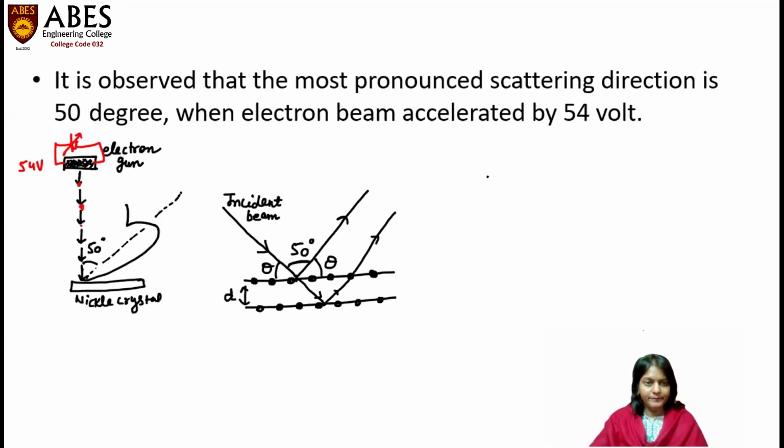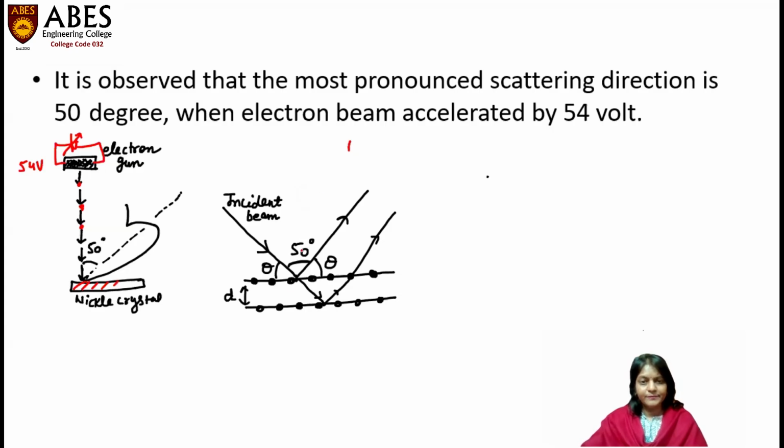The electron beam is incident on the nickel crystal. This is the diffracted beam, and after passing through the detector, this is the angle which gives the most prominent curve. So this is explained with the help of Bragg's law.